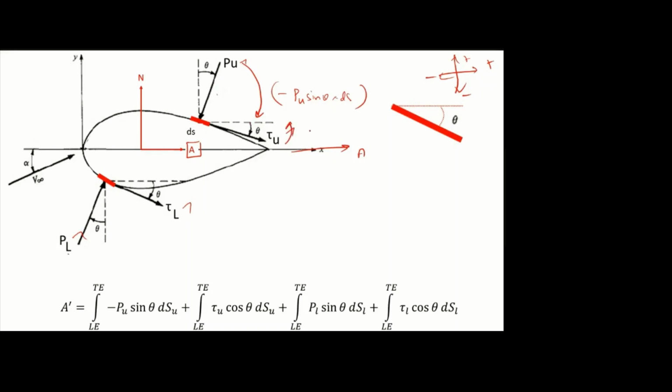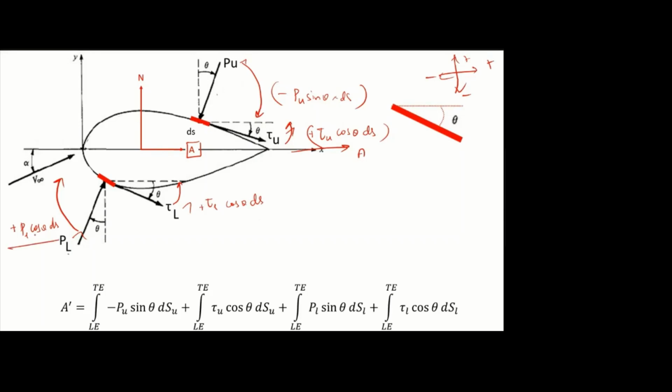And this one like this we have to resolve. In that case it is positive tau u cos theta ds, and this if you resolve, it has to come like that. That means positive pl sin theta ds, and this one horizontally we have to resolve. That means positive tau l cos theta ds.